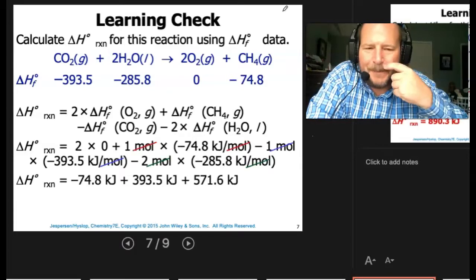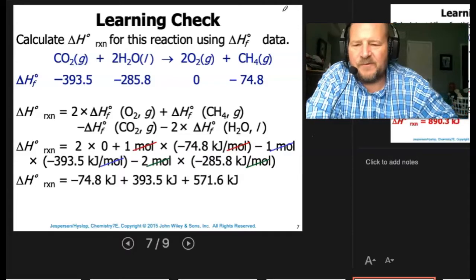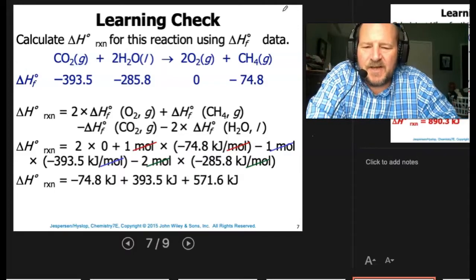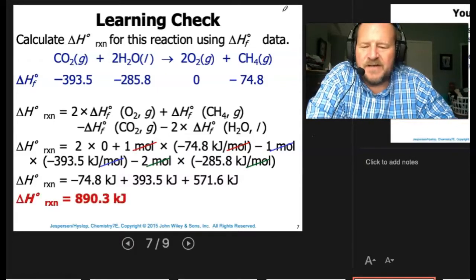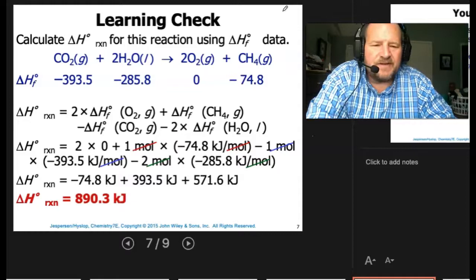Moles all cancel out. You end up with negative 74.8 plus 393.5 plus 571 gives us 890.3 kilojoules as a final answer. So hopefully you're knocking this out.